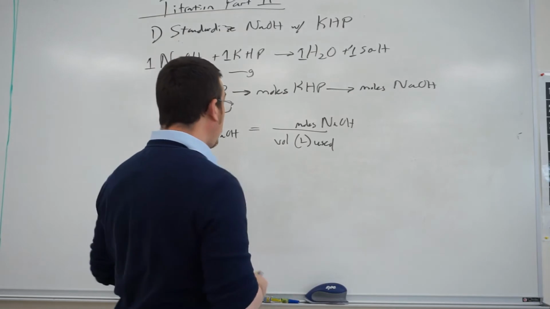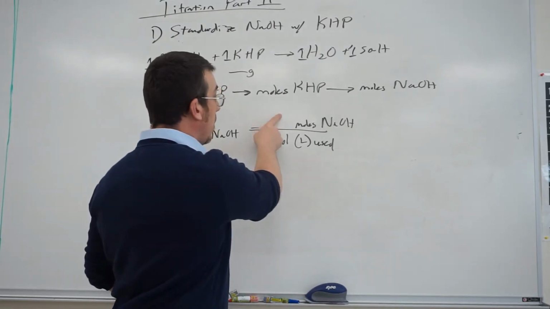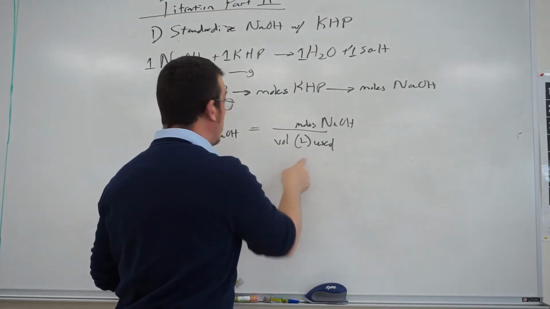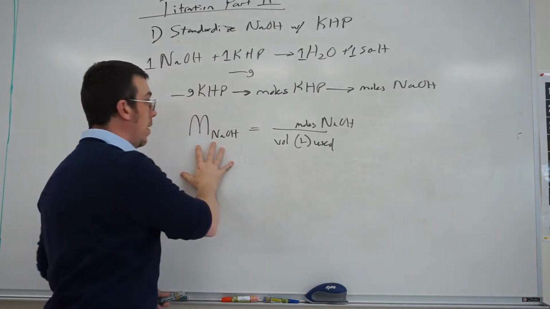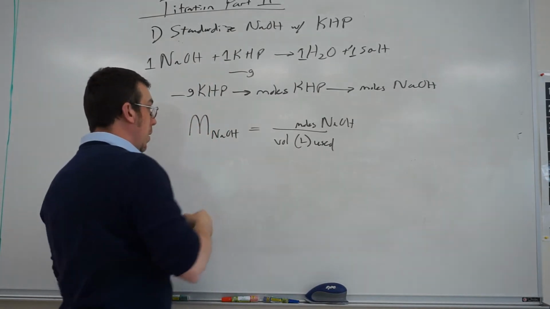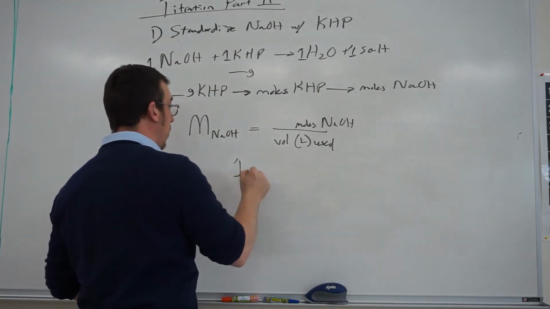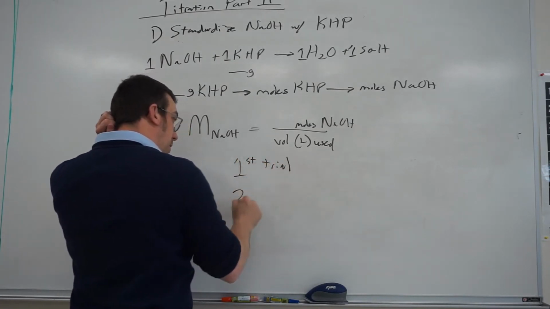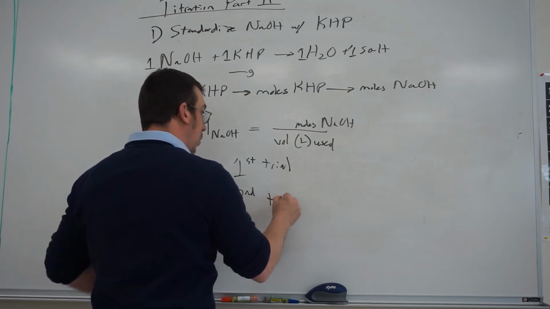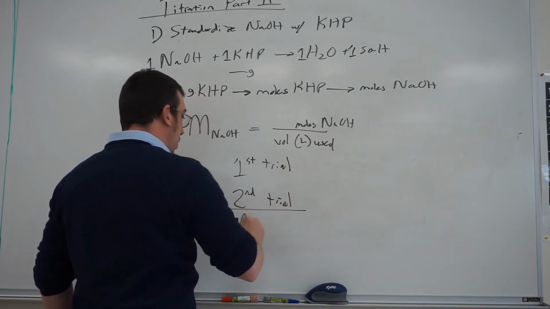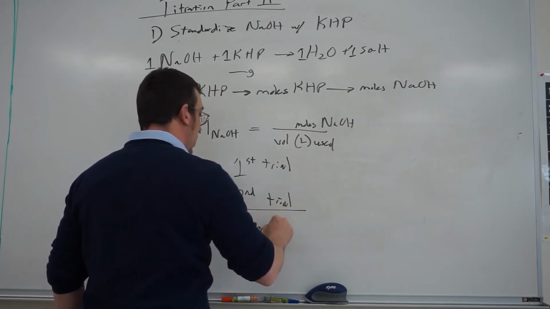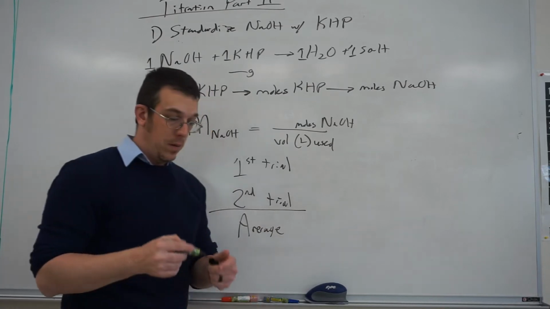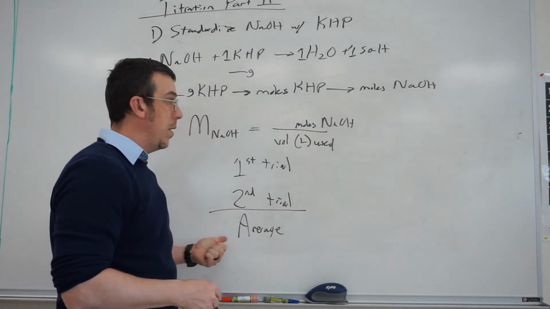So you take your moles of NaOH, divide it by the volume in liters used, and that will give the molarity of the NaOH. Now you have the first trial, then you'll have the second trial. And what you want to do with these two trials is average them out to get the average molarity for your NaOH.